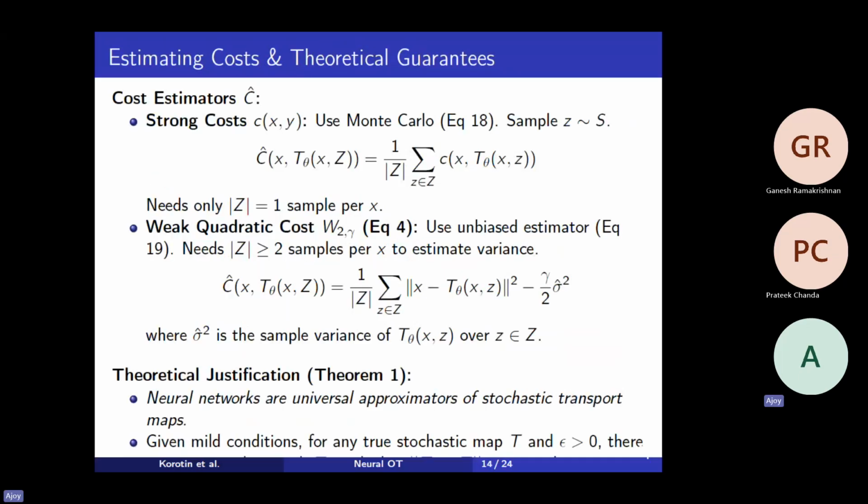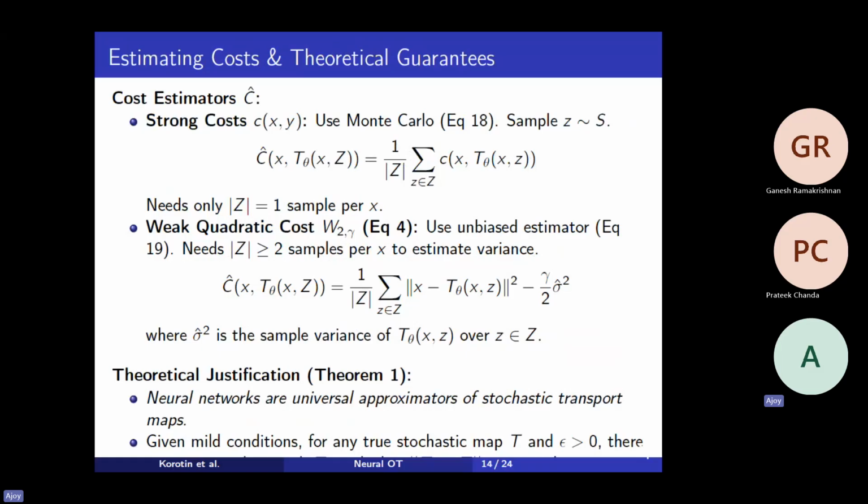So now comes how they learn with both the stochastic maps as well as the deterministic maps. For that they use two loss functions. For the strong cost they simply use the cost function without any addition of variance.